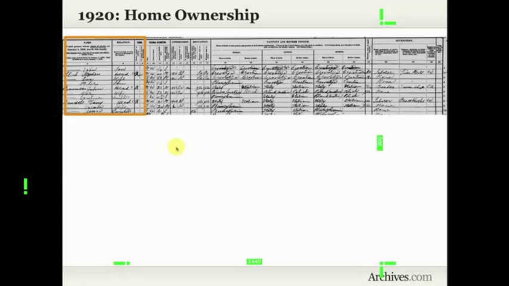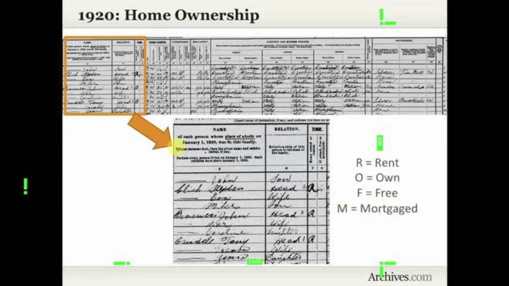We tend to concentrate again here on this left-hand side, and we take a look a lot at the names and the relationships, but this very next section is telling us about home ownership, and it's asking if the home was owned or rented, and if it's owned, was it free or was it mortgaged?